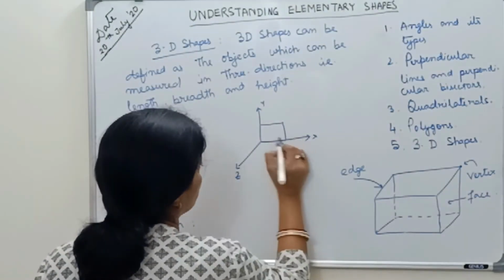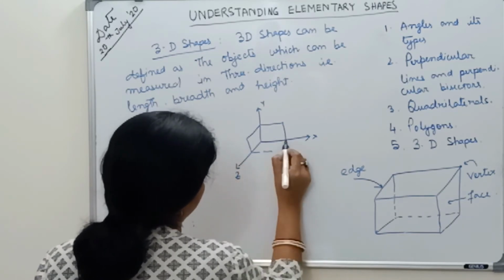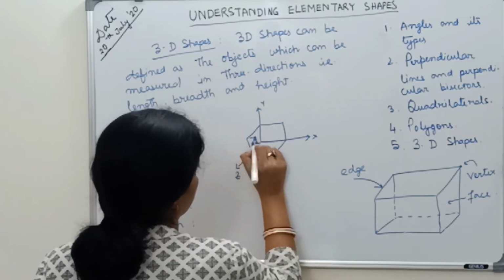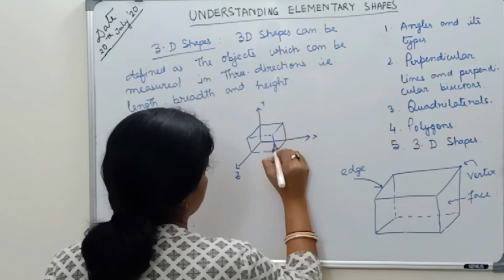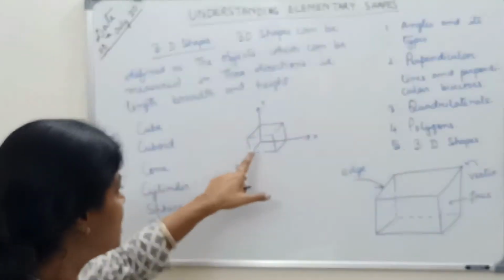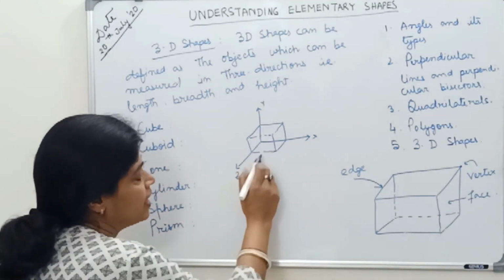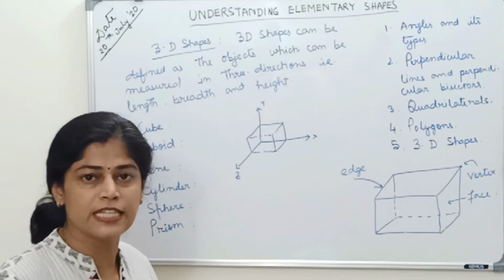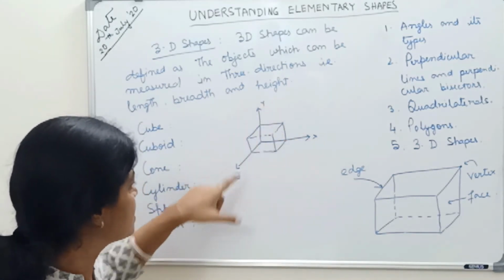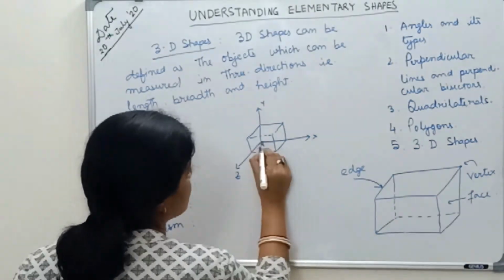If I draw, see, this is a three-dimensional object. It has length, it has breadth, and it has width. And we express it as x-axis, y-axis, and z-axis. X is, suppose, for length. This is the length.